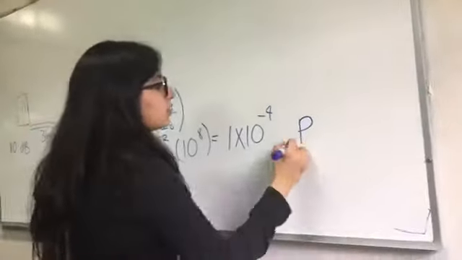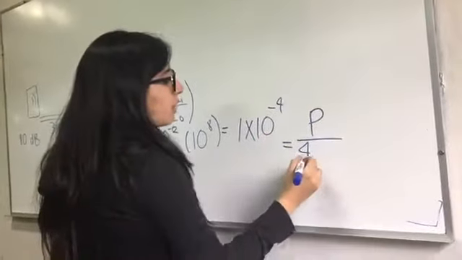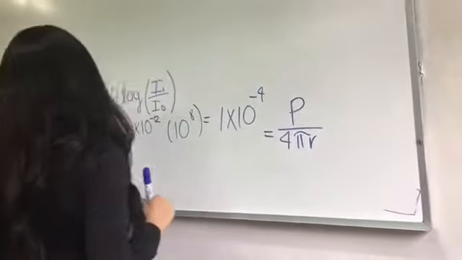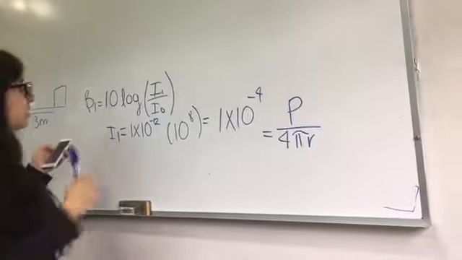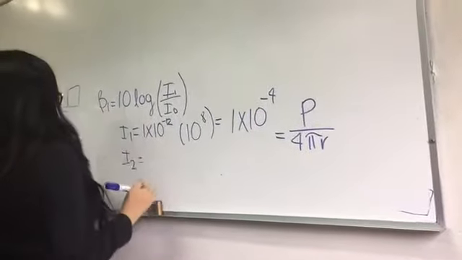The intensity is also equal to the power over 4 times pi times the radius, sorry, the distance.